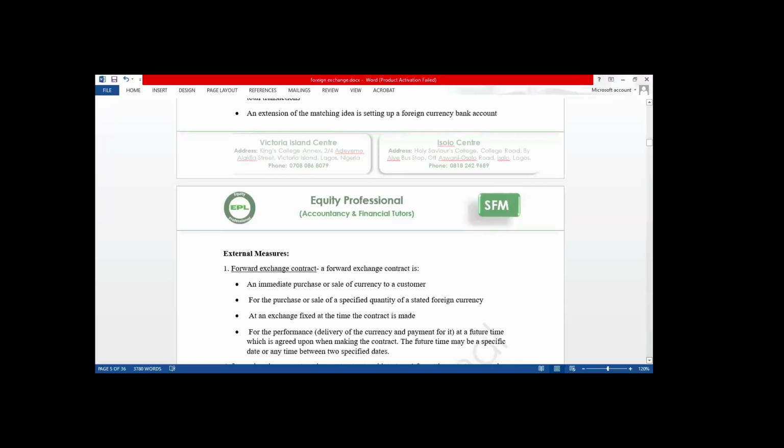Number one is the forward market. We also call it forward contract. The forward exchange contract is a contract between two parties to buy or sell a specified quantity.